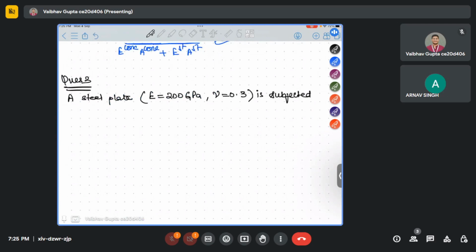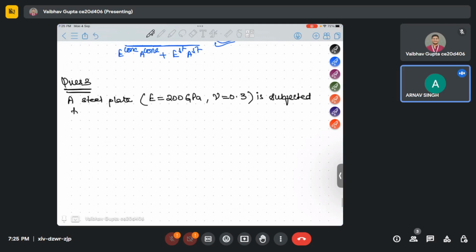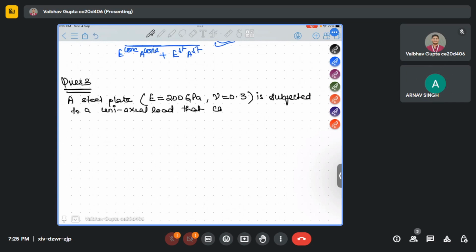So the last question is: a steel plate with E and mu given is subjected to a uniaxial load that causes a normal stress sigma.